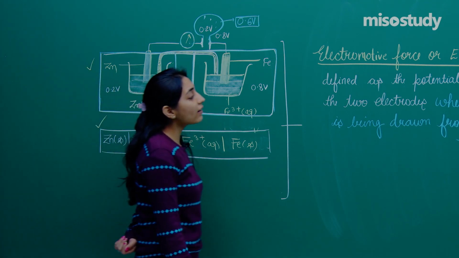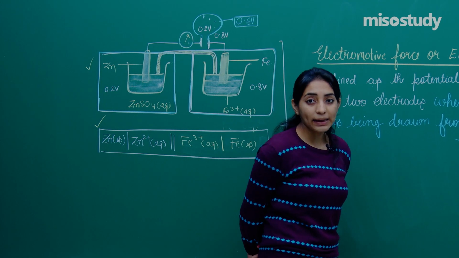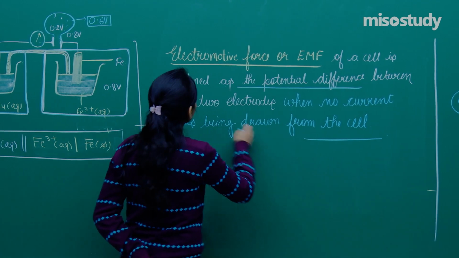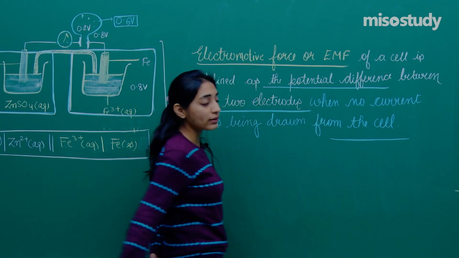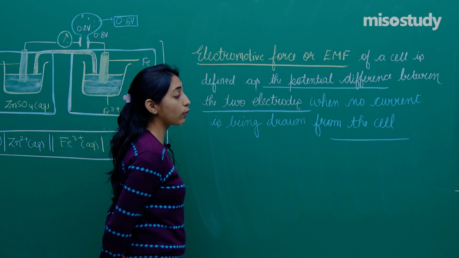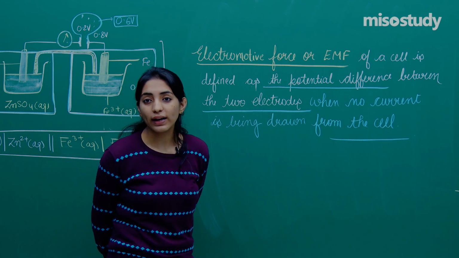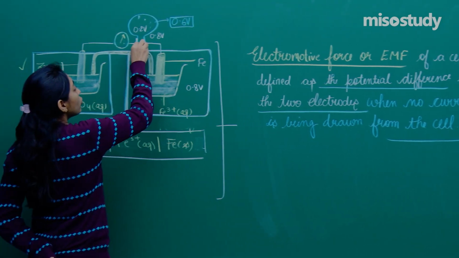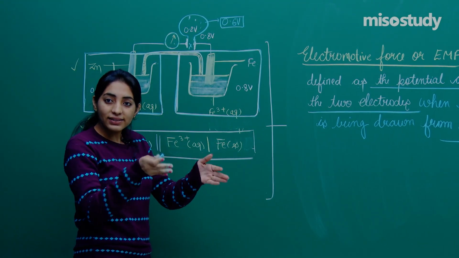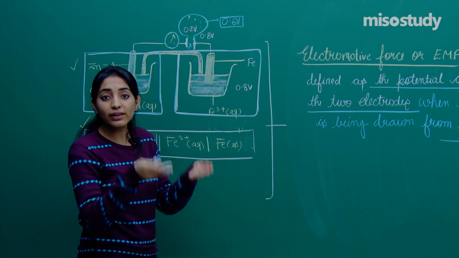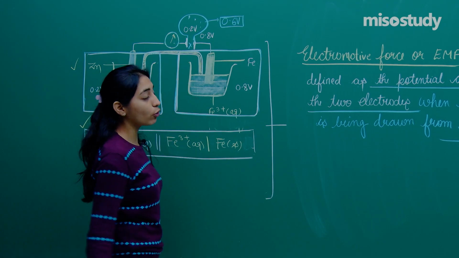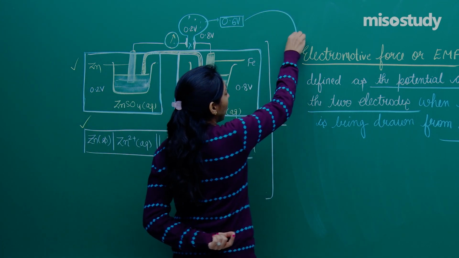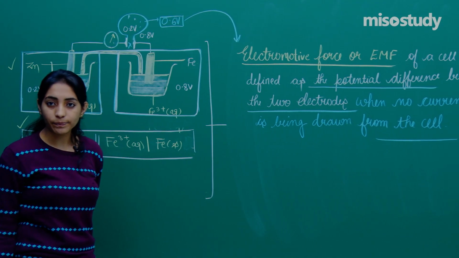So we say that the electromotive force or the EMF of a cell is basically defined as the potential difference between the two electrodes, but when no current is flowing from the cell, or when no current is drawn from the cell. Right now I didn't connect them, there was no connection between the two, and this is the maximum potential difference you could have measured, 0.6 volt. And this potential difference is also known as the EMF of the cell.